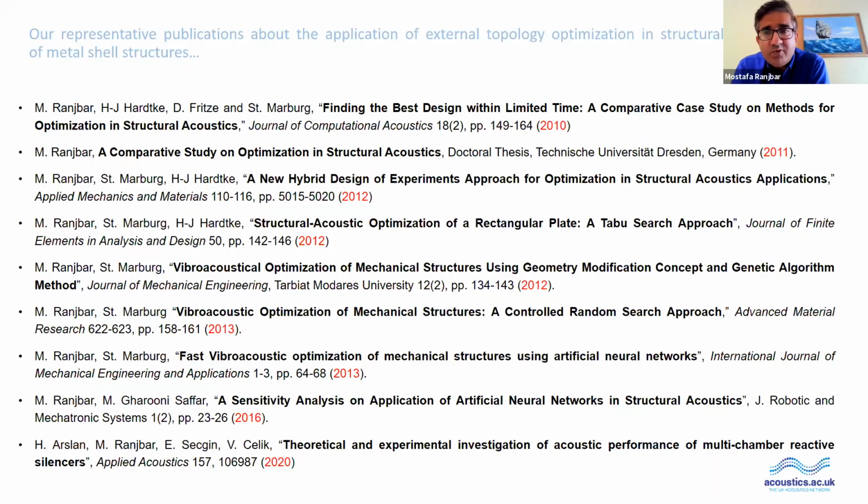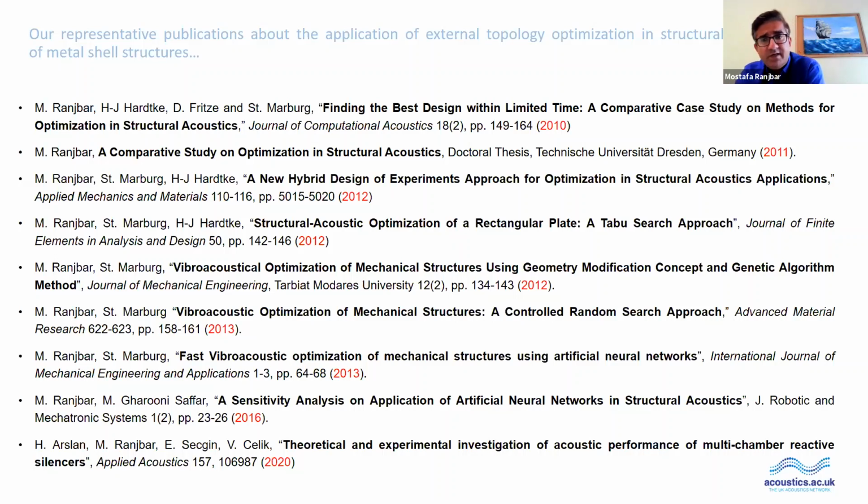Another publication appeared in 2012, about the application of the taboo search method in the structural acoustic design of plates. There were also more methods, like the genetic algorithm, random search, and artificial neural networks, because in 2013 we had the idea to use neural networks for fast approximation and reducing the computation time of structural acoustic designs.